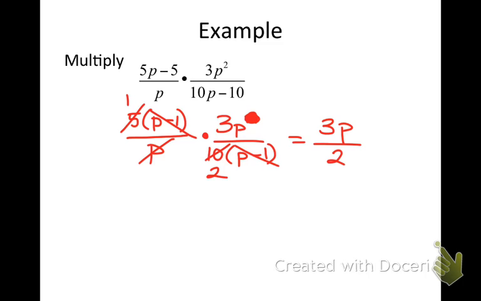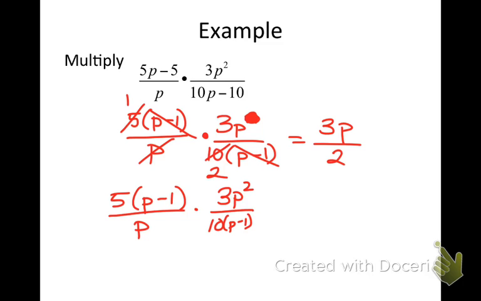So let me just go back without the crosses. So we had 5 times p minus 1 all over p times 3p squared all over 10 times p minus 1. The commutative property will allow you to rearrange all of this together. So what you could do is just flip-flop and put your like parts together. So I see just a single p here, so maybe I'll move that p over there.